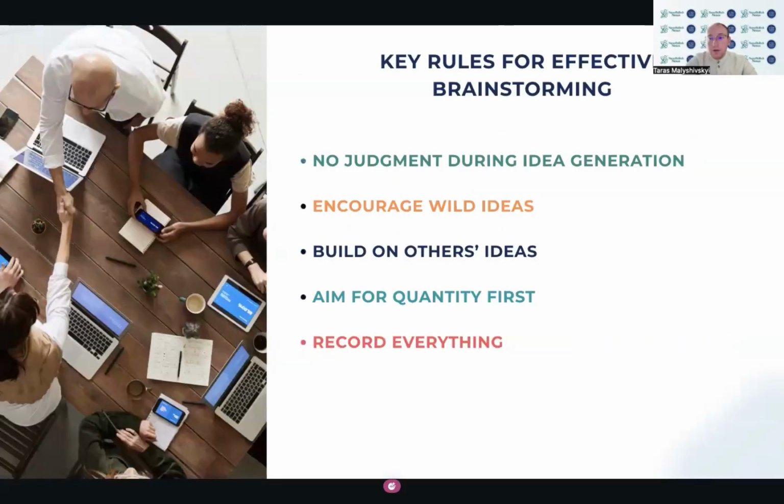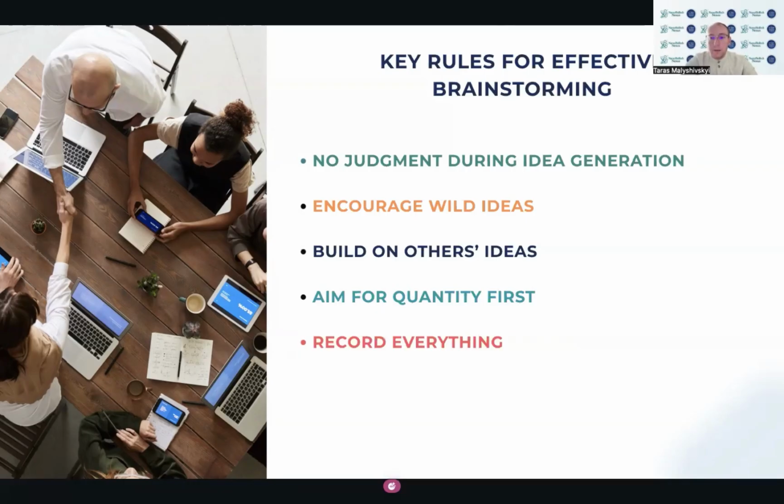Key rules for effective brainstorming. The first one: no judgment during idea generation. You have to create a safe space where everyone can say whatever they want without judgment. Second one is encourage wild ideas. Even in the craziest ideas, you can find something really valuable and use it in the future when designing the idea.